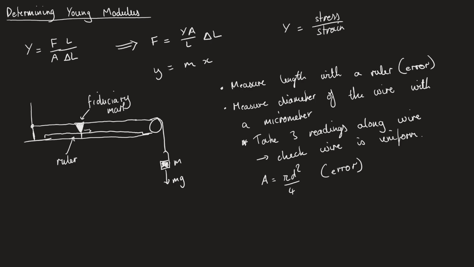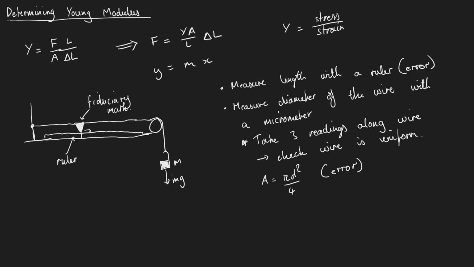Okay, so this is a pretty clever technique in order to basically define your 0 point so that you can recognize if there's any change from that initial 0 point. Okay, now that you've done this, you're then going to begin to add different masses. Since the cross-sectional area we've calculated, the length we now know, we've set up this fiduciary mark so we will be able to measure the extension.